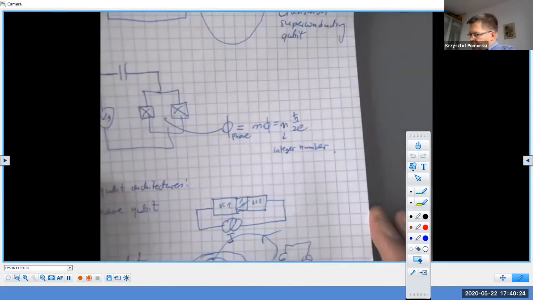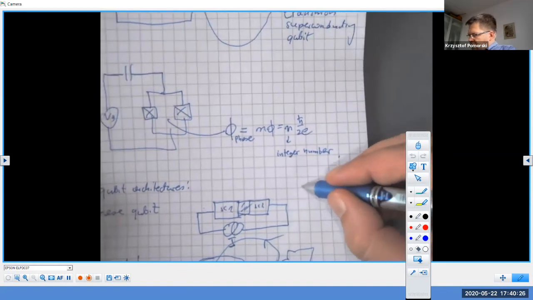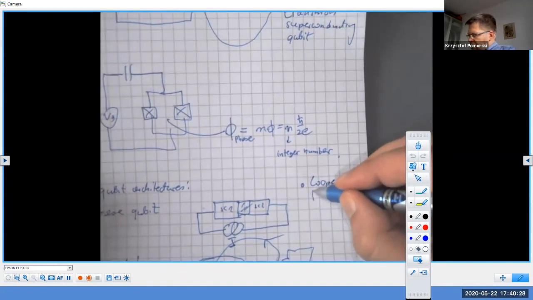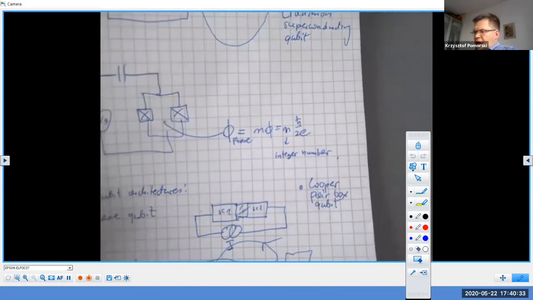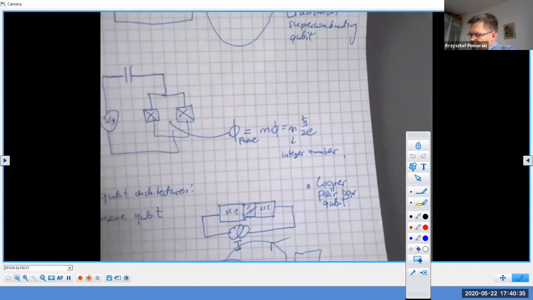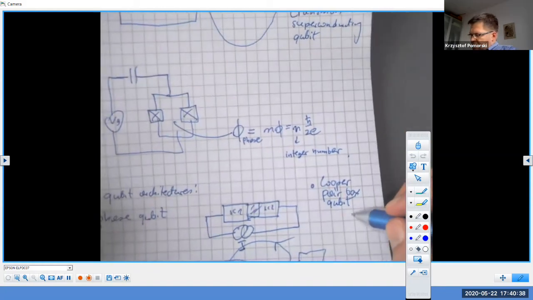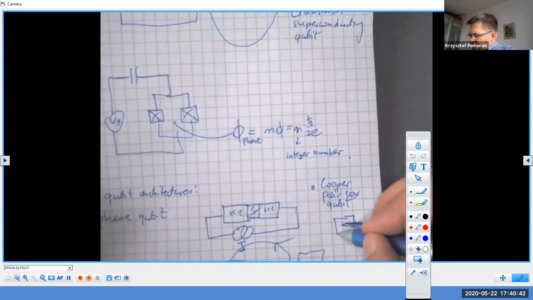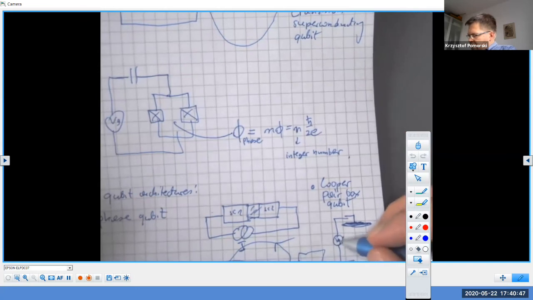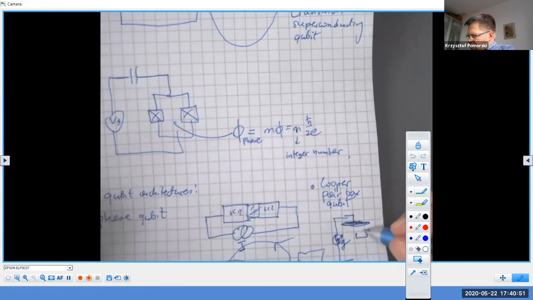Then there was a third, the Cooper pair box qubit. You remember it was just described. There was a big metal plate, there was polarization of voltage Ng, and then there was a small superconducting island, insulator, and superconducting island.